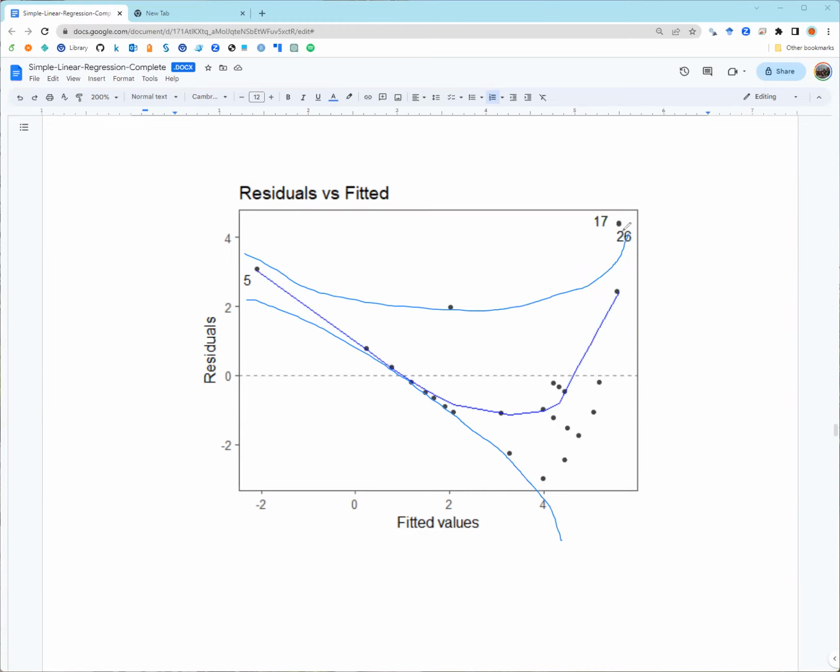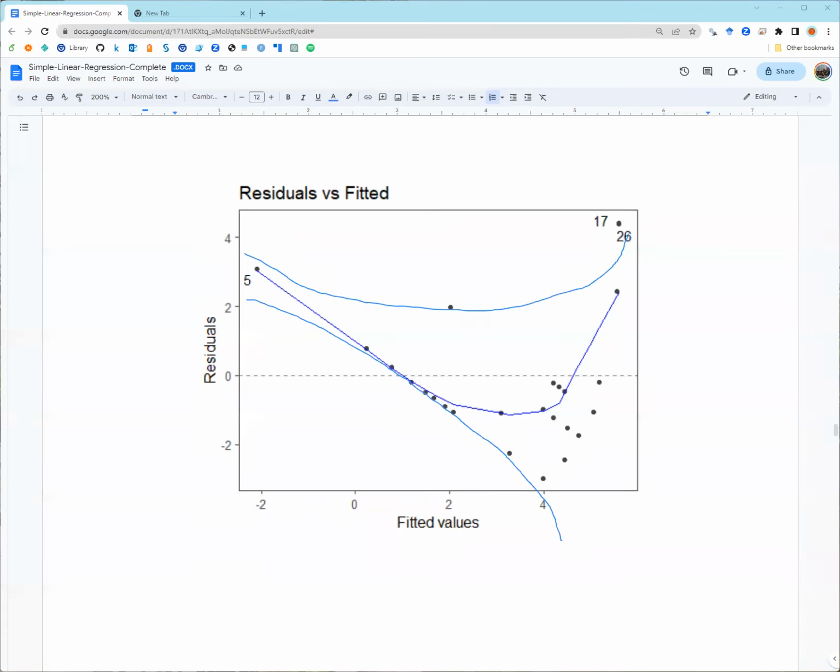And then at the end, it's huge. The points go all the way down up in here. This is what we call an outward fanning pattern in the residuals. This is a common way in which the homoscedasticity assumption is violated for real data. So this violates the homoscedasticity assumption.